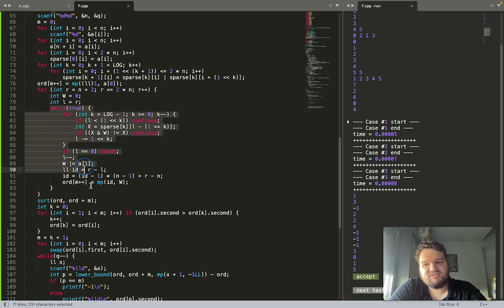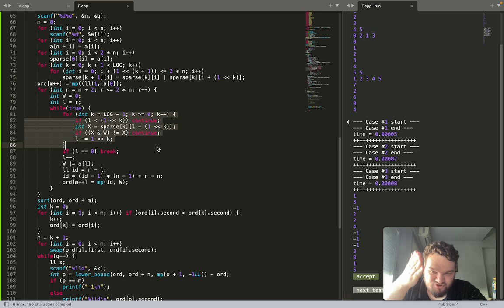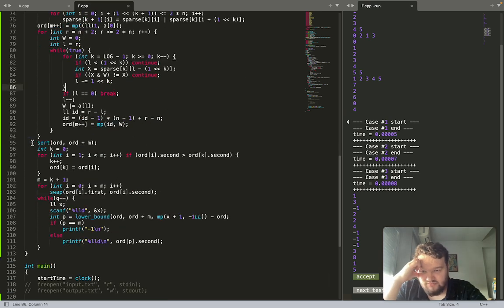So this log c is like actually 30, maybe like 31, and this is actually just f4. And then here I'm searching an array of lengths up to n times 30. So it's n times 30 times log of z.